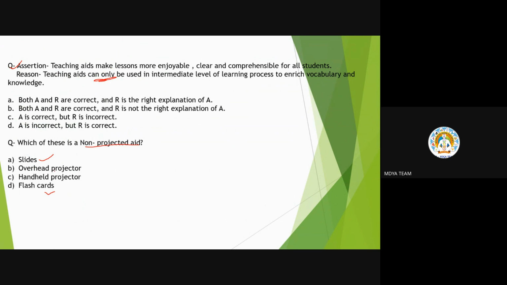Overhead projector, handheld projector: these are just kinds of projectors, but both are projectors. Overhead projectors are like a box hanging from the ceiling of the room, and handheld projectors we use in our hands to project something on the screen. So here flashcard is a non-projected aid.